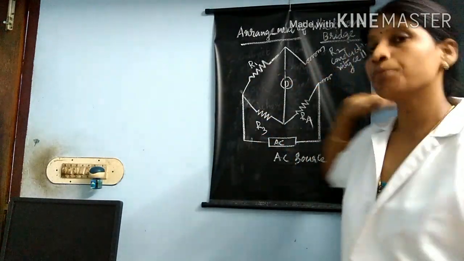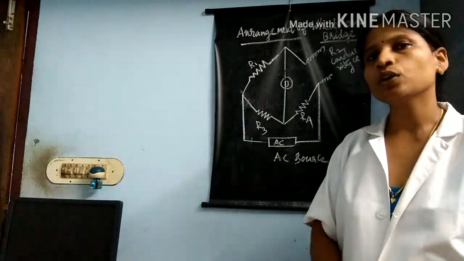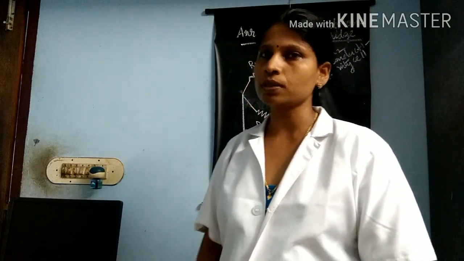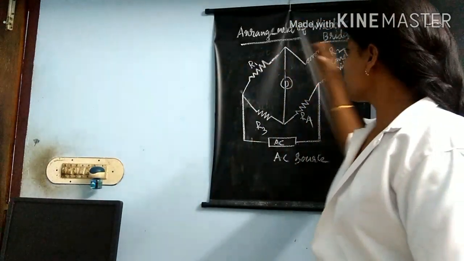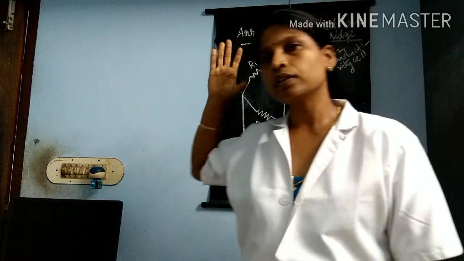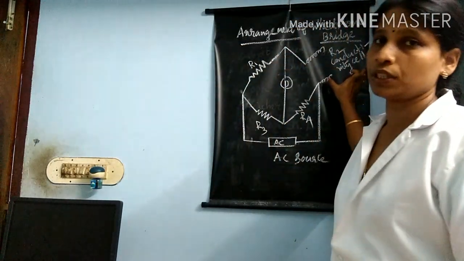One of the arms is connected to a conductivity cell. Therefore, we have to fill the electrolyte in this conductivity cell.